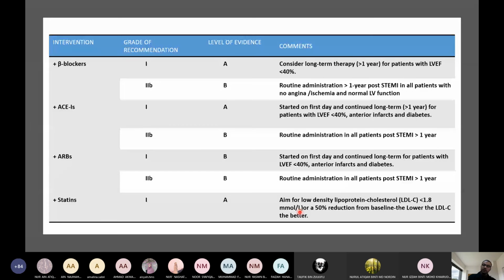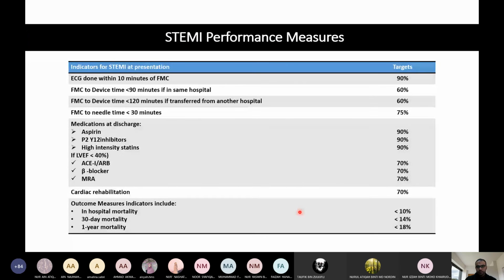High dose statin should be there as long as the patient tolerates it, and in this case the LDL should be at least 1.8 or below, or a 50% reduction from the baseline we started with in the statin arm, and I think we can explain a little bit more in the hyperlipidemia, inshallah. So this is all regarding the recommendations, what we call the performance measures.